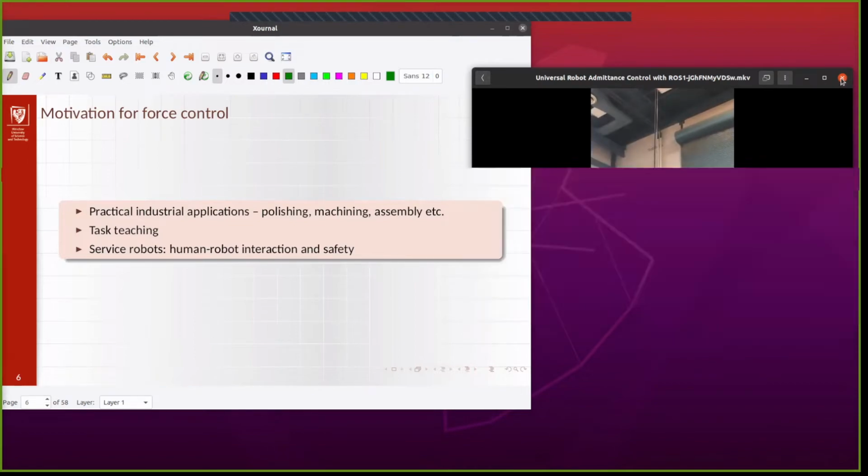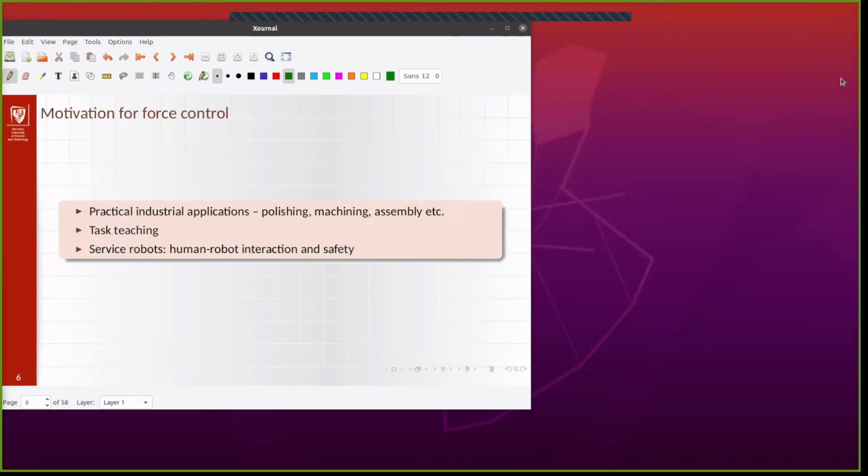Okay, so that's just a brief overview of the videos of how it looks, so you know what we are talking about.